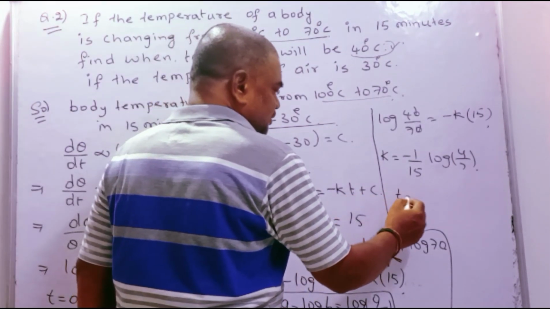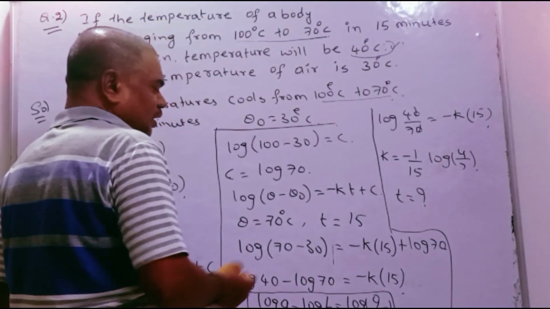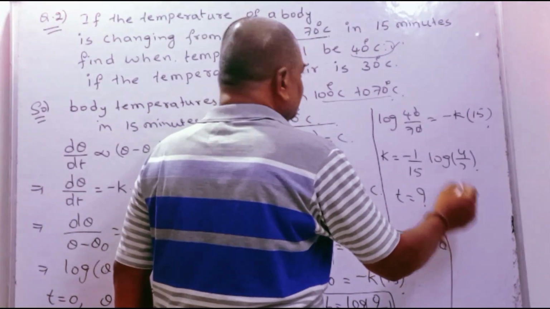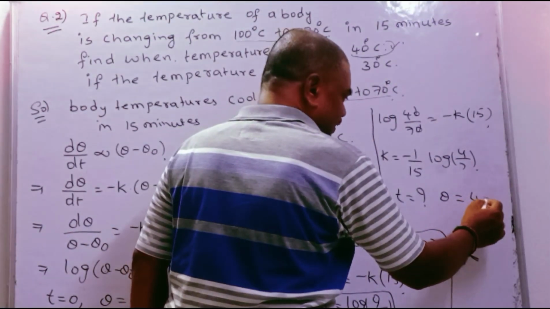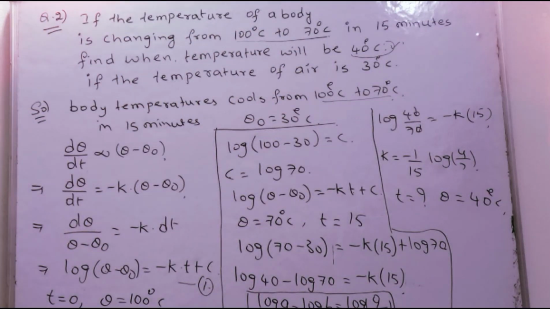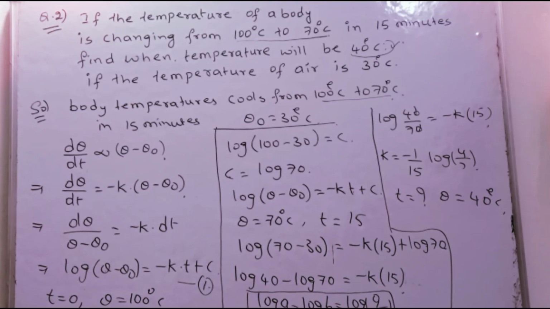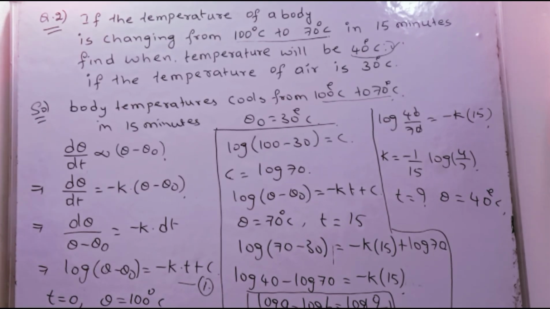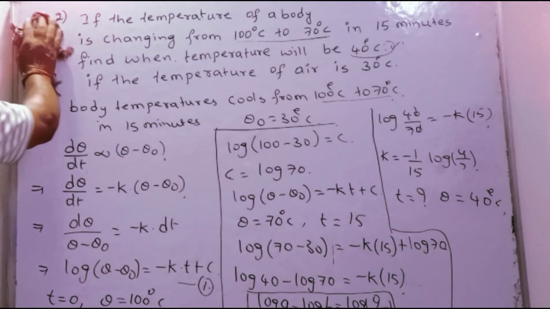So t is equal to what, when θ is equal to 40 degrees centigrade? We find it by using equation 1.